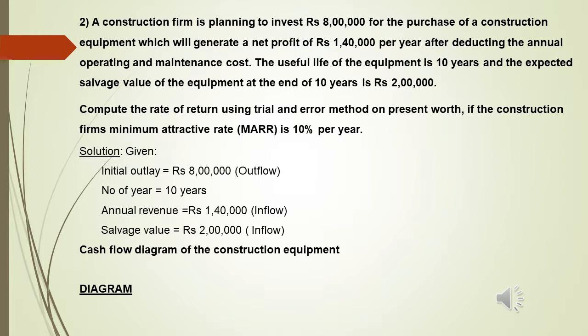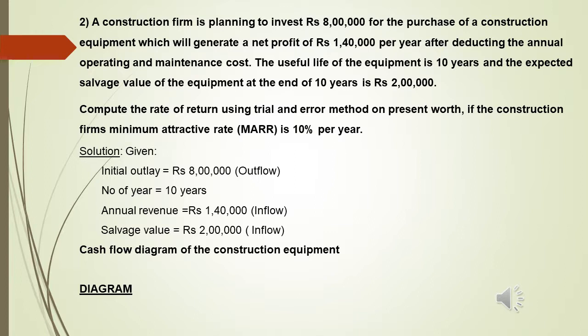Now let us move on to the second problem. In the question they have given, a construction firm is planning to invest rupees 8 lakhs for the purchase of construction equipment.